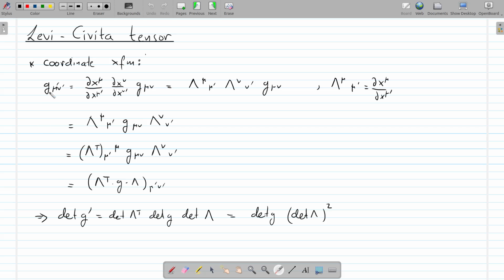So the determinant of the matrix formed by those components is equal to the determinant of the product of those three matrices. Therefore, since the determinant of the transpose is equal to the determinant, we arrive at this formula saying that the determinant of the metric in the new coordinate system is equal to the determinant in the previous coordinate system multiplied by the Jacobian squared.